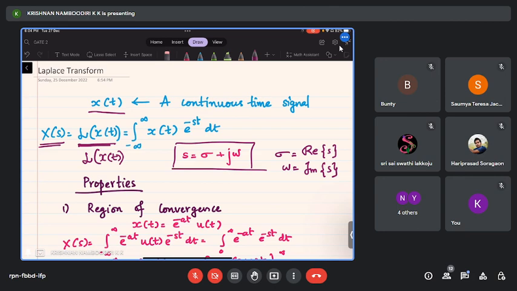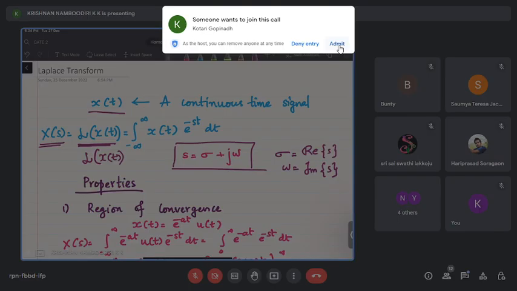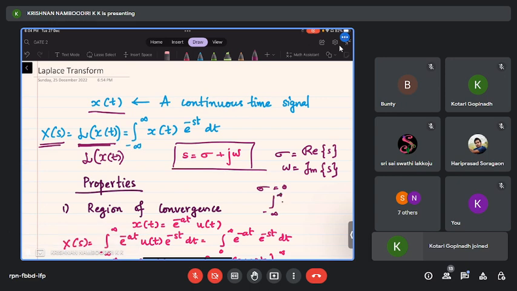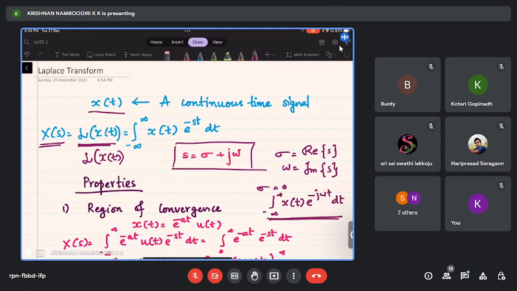Okay, so this all of you may be familiar with. So how is it related with Fourier transform? Here you can see, if I substitute sigma equal to 0, what I will get is integral minus infinity to infinity x of t e power minus j omega t dt, right? This is precisely the Fourier transform, correct?